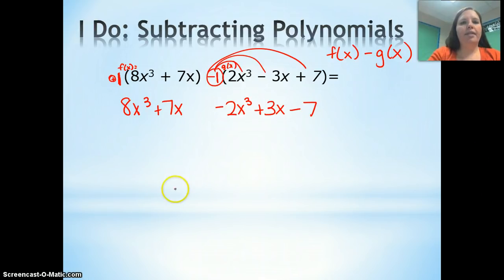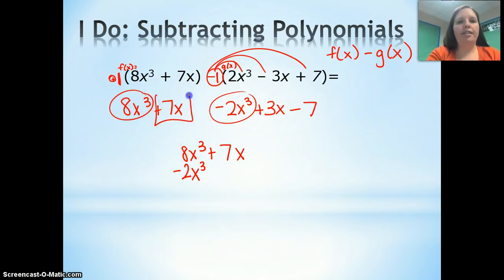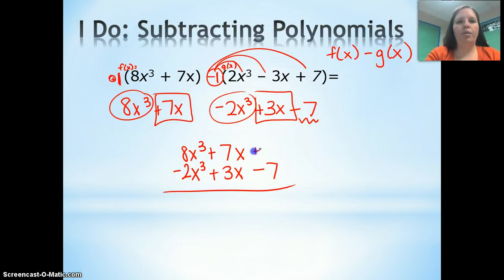So now when we combine them together, I'm just going to rewrite this, 8x to the third plus 7x, and I'm going to line them up vertically because that's the way I like to do it. Negative 2x to the third is a like term with 8x to the third, and 7x and 3x, so plus 3x, and then minus 7 doesn't have any like terms that it goes along with, so if you want to put a space filler there, just put plus 0.